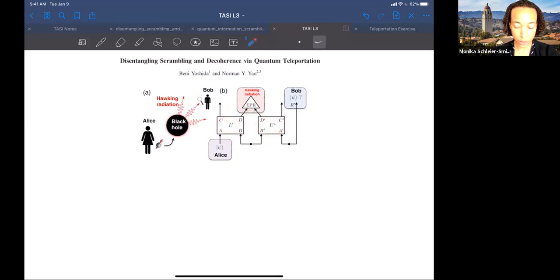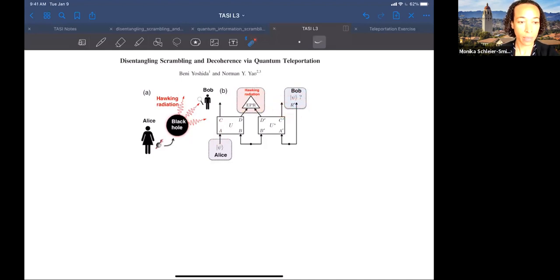And the idea is that by doing a suitable measurement on the Hawking radiation from the two black holes, Bob can teleport the information that Alice threw into her black hole onto a reference qubit that is in Bob's possession, and that's entangled with his black hole.